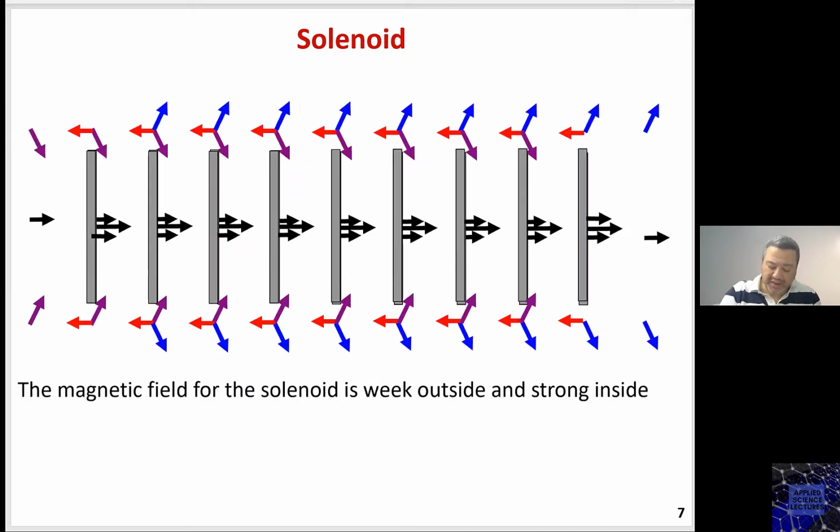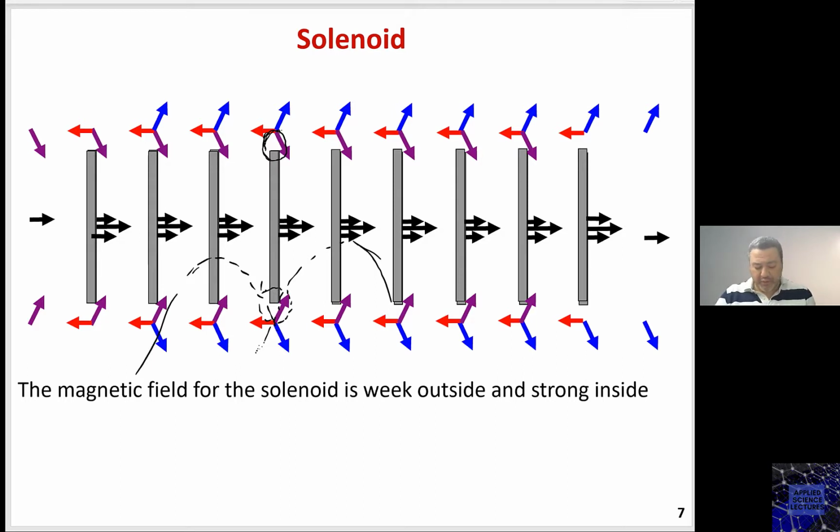You can see now this is the magnetic field coming from this field line here. However, this one is coming from this one, and this blue one is coming from the one before, and so on and so forth.